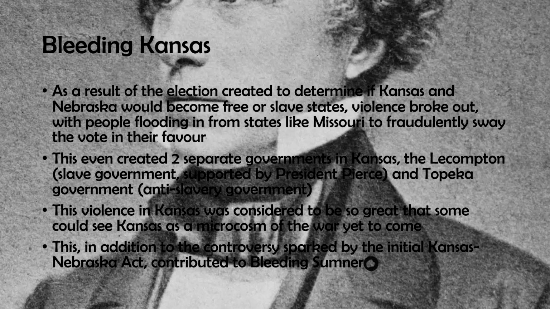Two separate governments were created: the Lecompton government, which was supported by Pierce and was in favour of slavery, and the Topeka government, which was anti-slavery. Some would say Bleeding Kansas was a slight foreshadowing of the war, because you had North and South fighting in a controlled area.